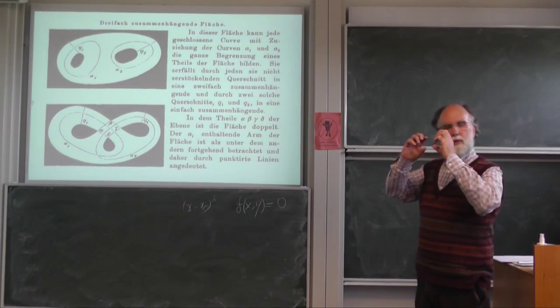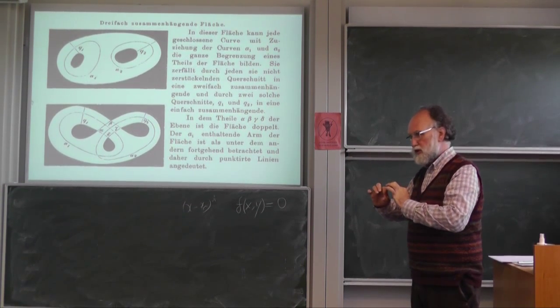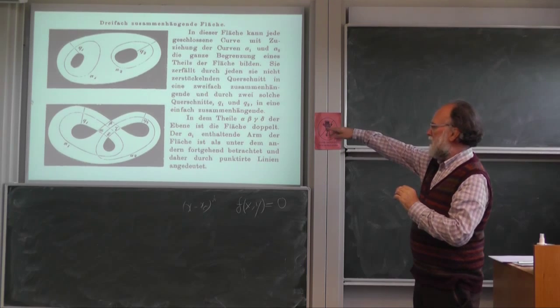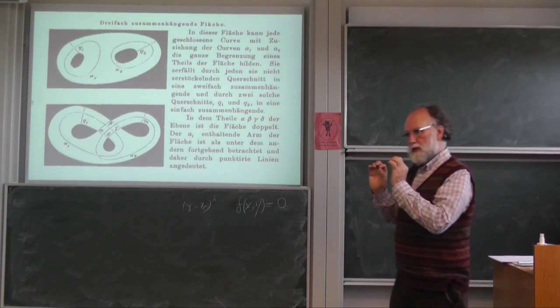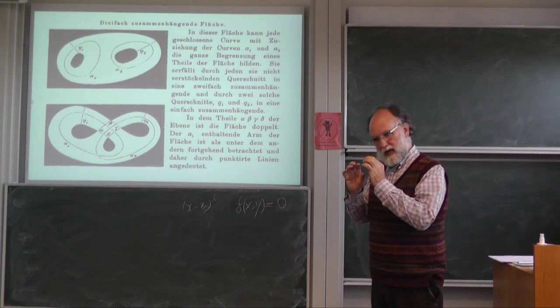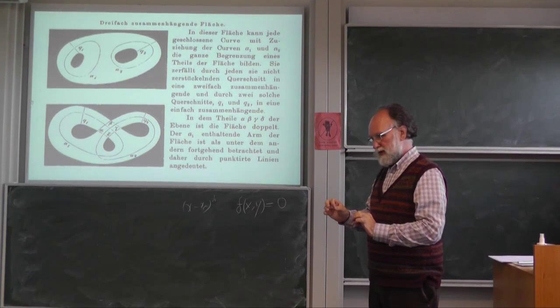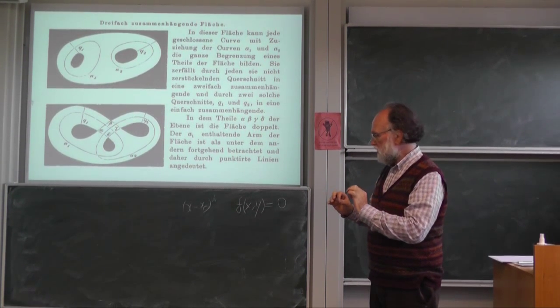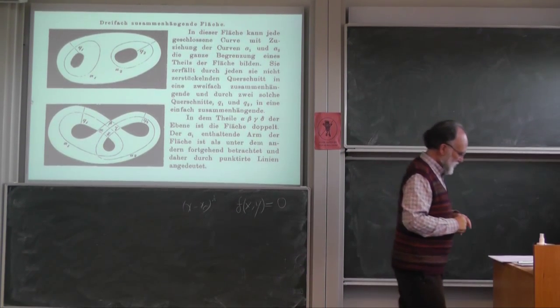What it means is that you can cut out around each ramification point a circle, you look at the covering map, and it's exactly something like this. So what Riemann is doing at this point is he has taken the Riemann surface, he's cut out around each ramification point a circle, and then he gets a situation like this.